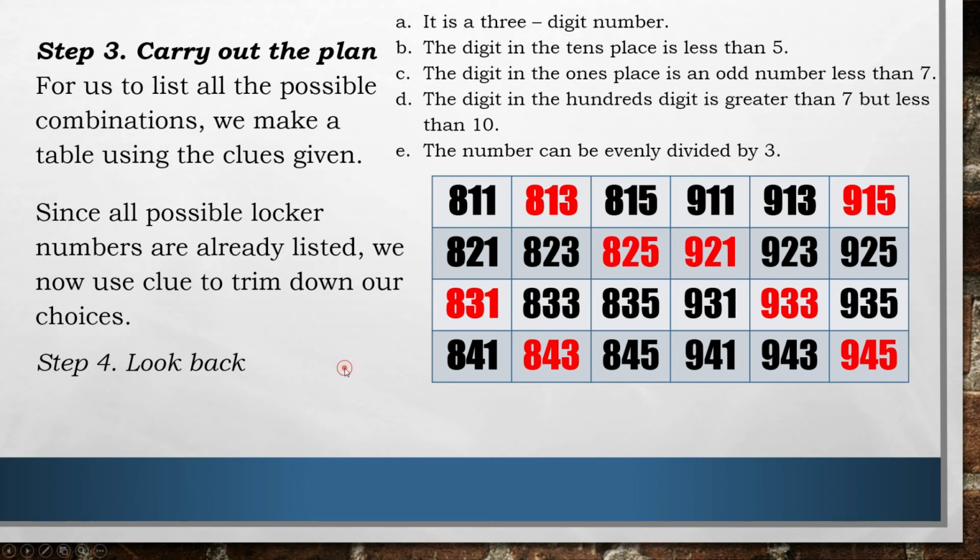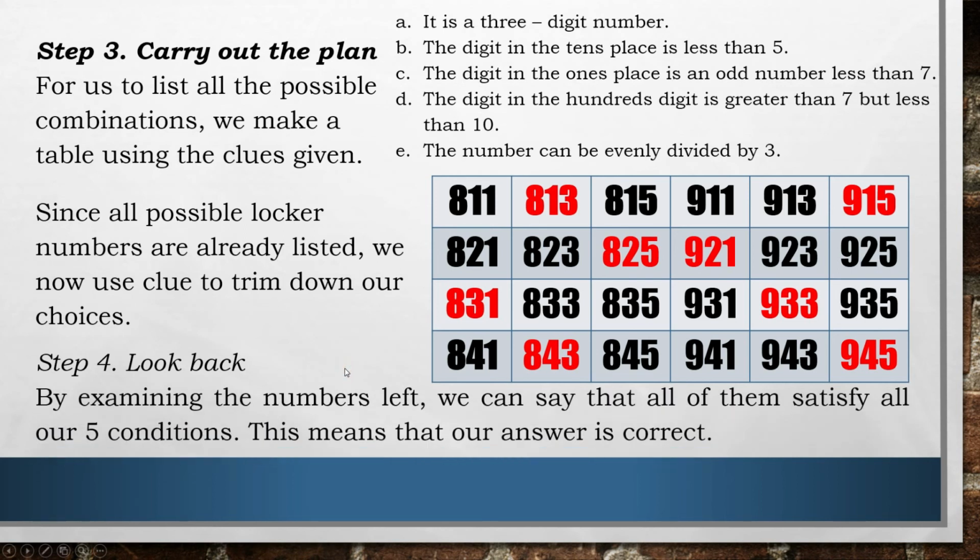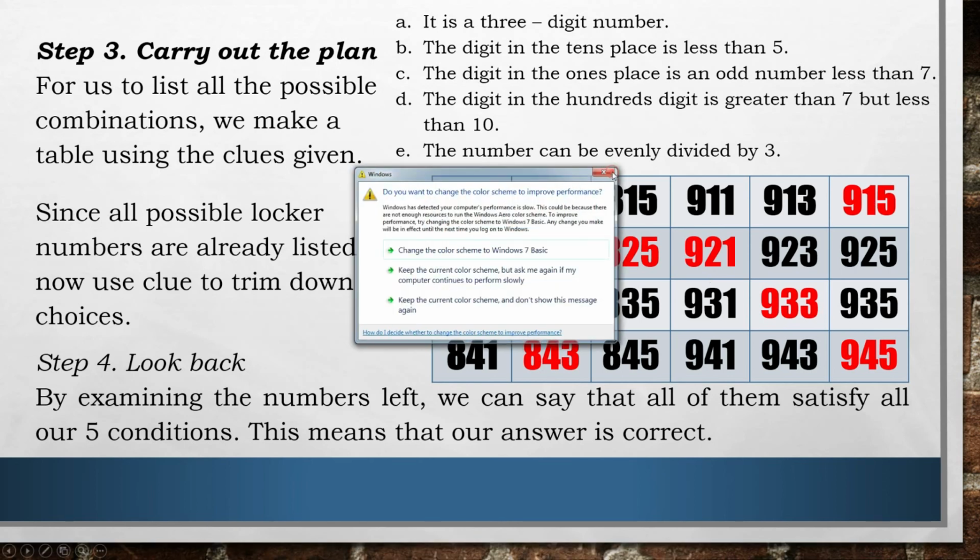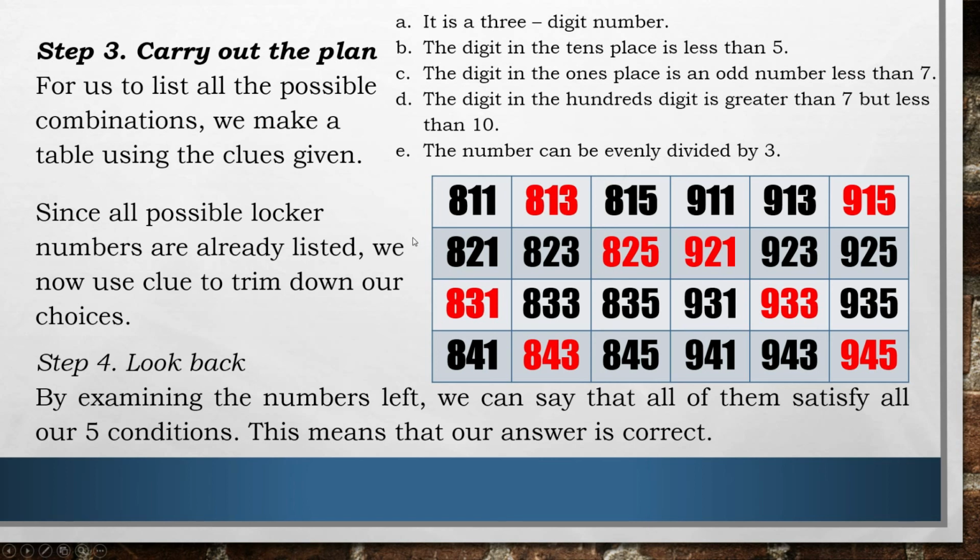So we look back as the last part. By examining the numbers left, we can say that all of them satisfy all of our 5 conditions. This means that our answer is correct. One of these combinations in red is the combination of the given locker.